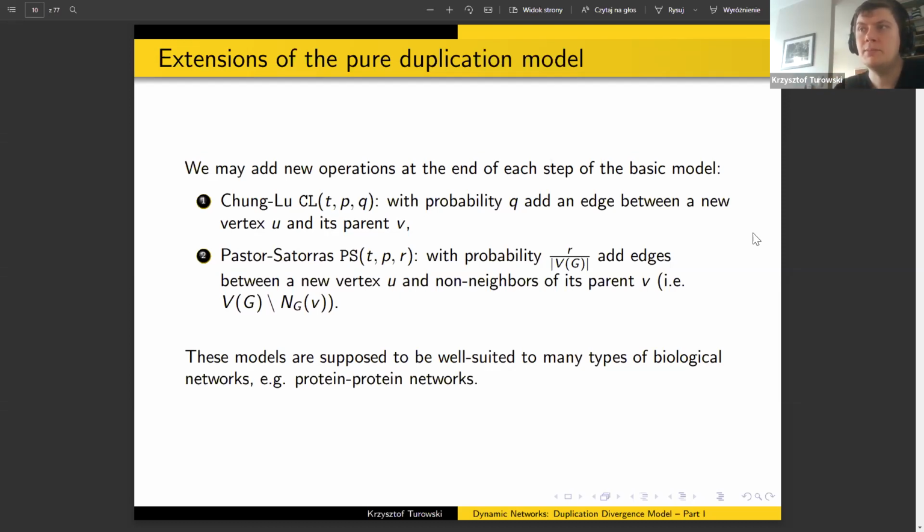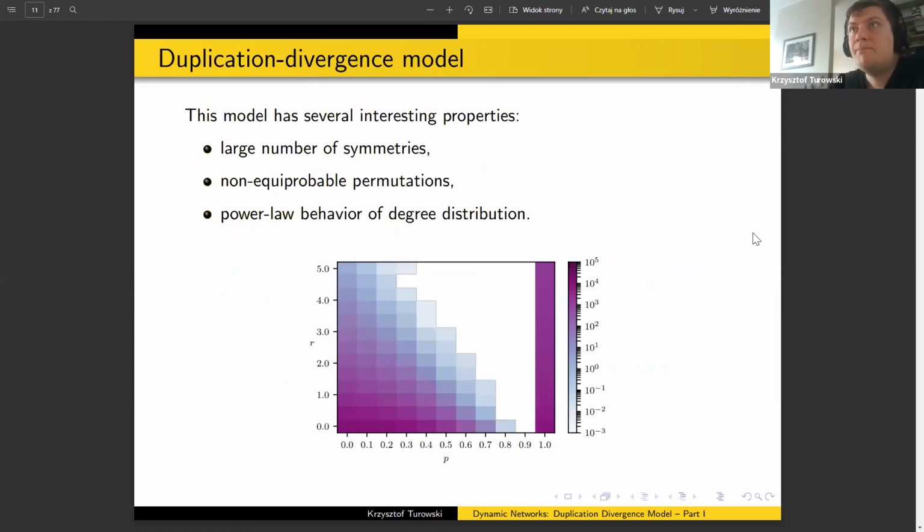And the latter model turns out to be very well suited for many types of biological networks, for example, protein networks, which are probably our basic benchmark in all our usages. This is actually for the Pastor-Satorras model, because it has two parameters, but the conclusions can also be found for these different types of models.